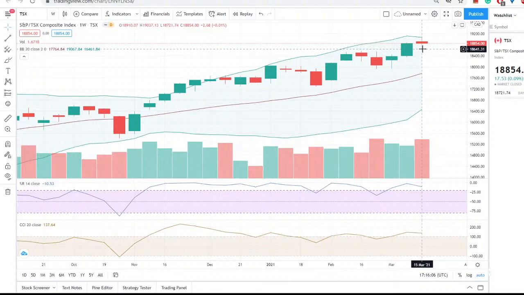So next week should be a red week if you ask me. And there also, if you take away 18,200, it will be an acute red week. If 18,200 is removed, it's an acute fall after that.